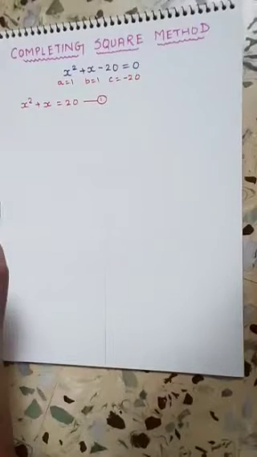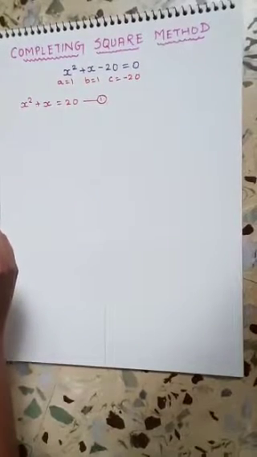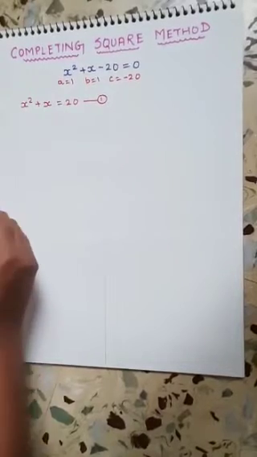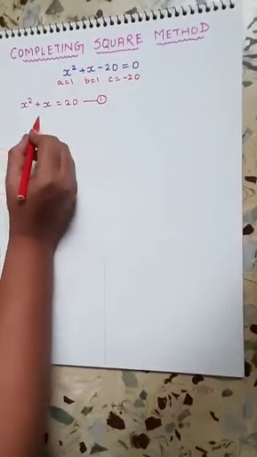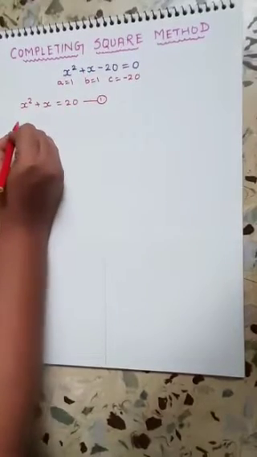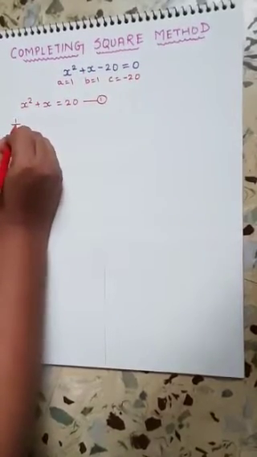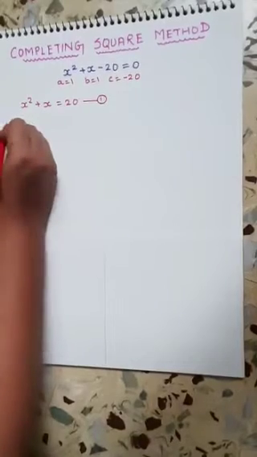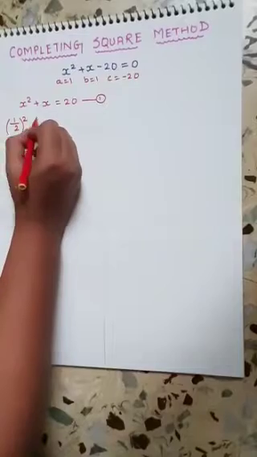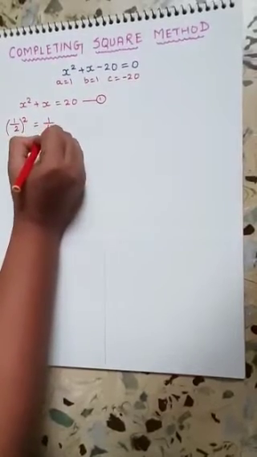So the first step is to make the coefficient of x square as 1 and then shift the constant to the right hand side. Now take b and half of it. So our b is equal to 1 and half of b is going to be half, and square that. So half of b squared is going to be 1 upon 4.